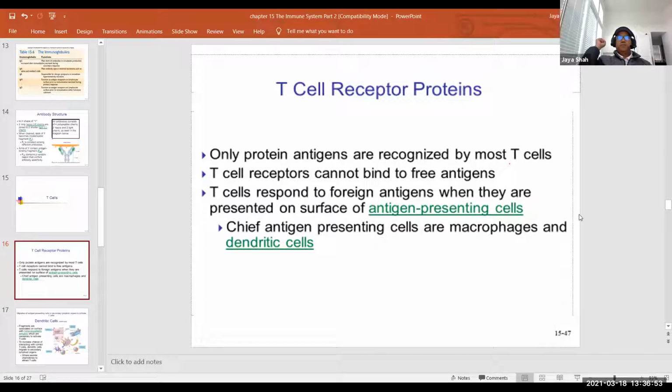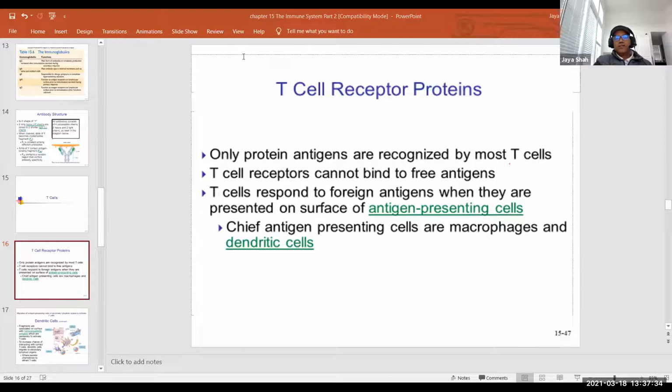Phagocytes take the antigen, put it inside the cell, make a phagosome, and then mix with lysosome enzyme, make a phagolysosome, digest that bacteria, cleave the protein, cut it into smaller pieces, and then bring it to the plasma membrane of the phagocyte cell, and then expose it, attached to another kind of glycoprotein, which we call MHC, major histocompatibility complex.